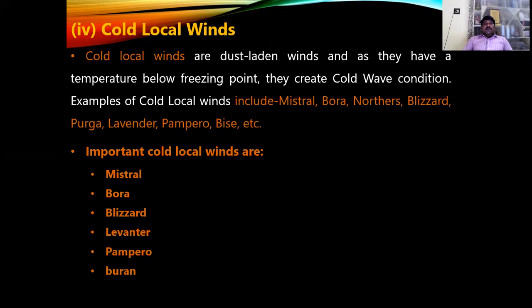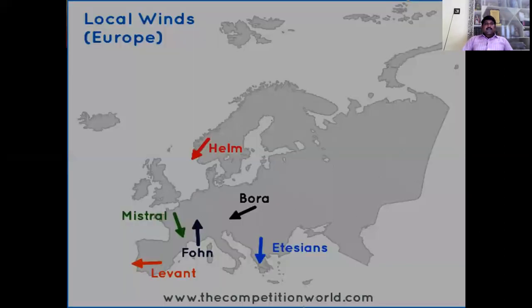The examples of cold local winds include Mistral, Bora, Northers, blizzards, Purga, Levanter, Pampero, Buran, etc. We will have a look at the following important cold local winds, which are the Mistral, Bora, Blizzard, Levanter, Pampero, and Buran. The figure on the screen discloses a few of the cold local winds.